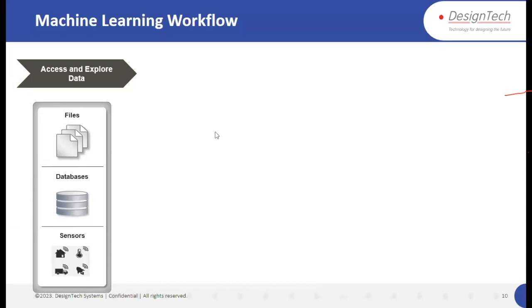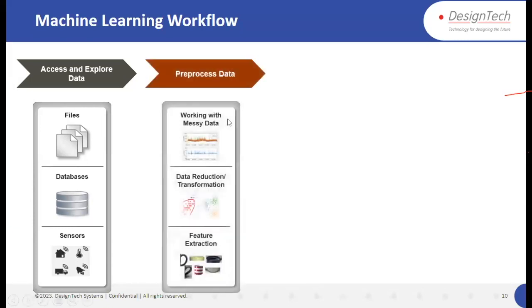Once you bring your data into MATLAB, as a researcher, before applying machine learning models, you can pre-process your data. It may be possible that you are working on messy data. You can extract features from your data, and data reduction and transformation techniques are available. So in the second step, you pre-process your data.